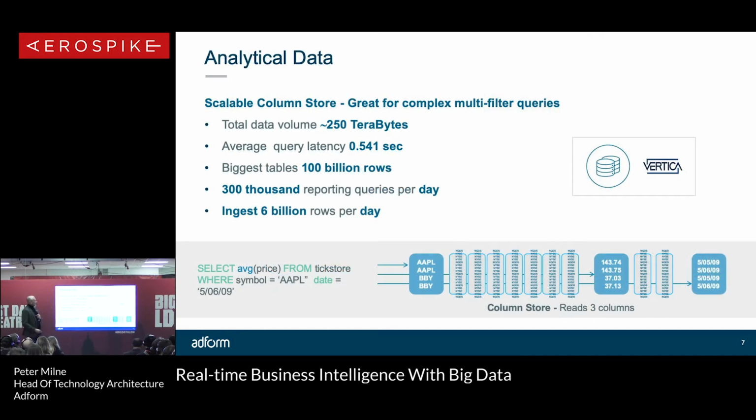We have a lot of analytical data. If we have some data scientists here, you'll know that you love lots of data and you'd like to do some really curious things with the analytics. So we use Vertica for that. Vertica horizontally scales out and allows us to have massive amounts of reasonably slow queries. We've got 250 terabytes of that.